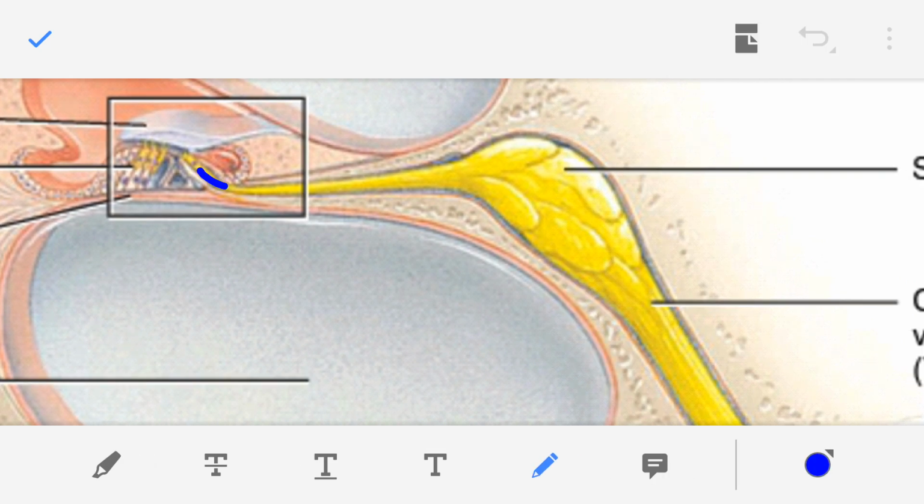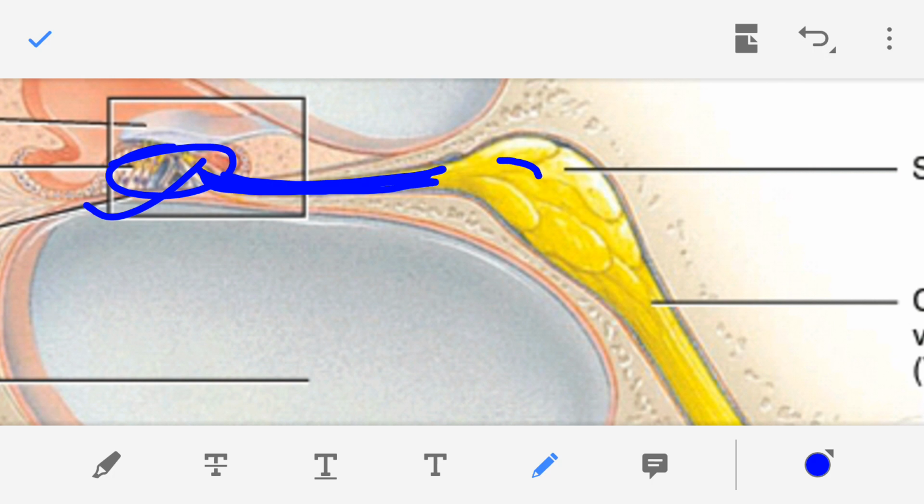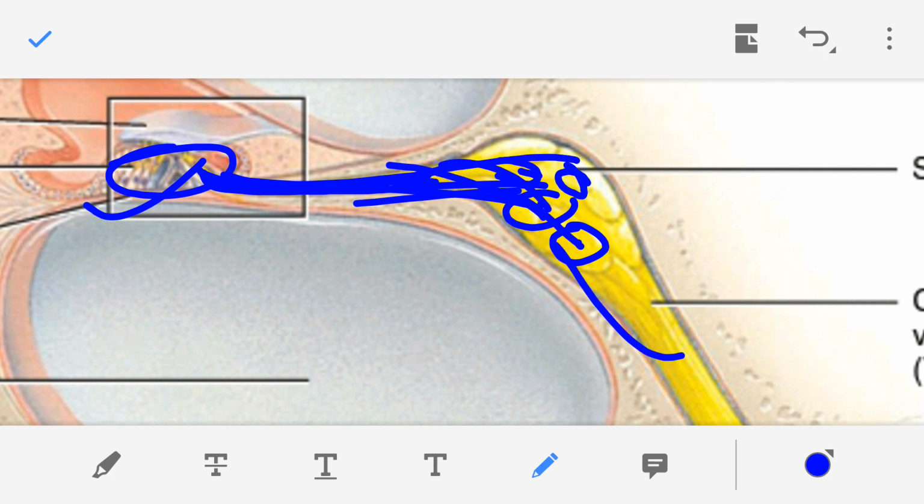See, these are all sensory neurons, and here the hair cells, and their somas, and these are the fibers. Okay, over here fiber, both sides fiber, and this is the soma.